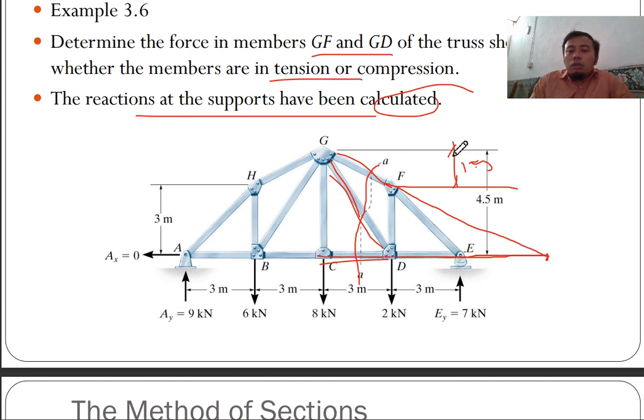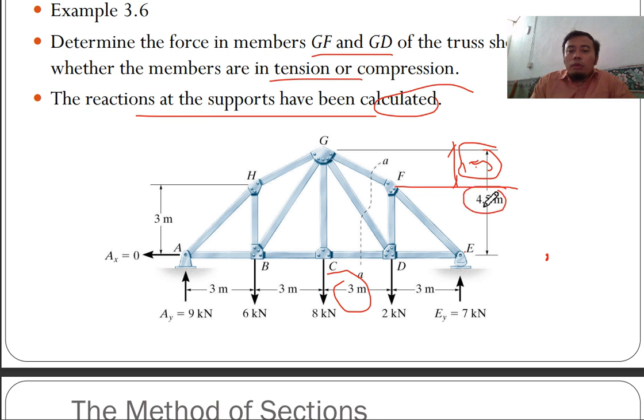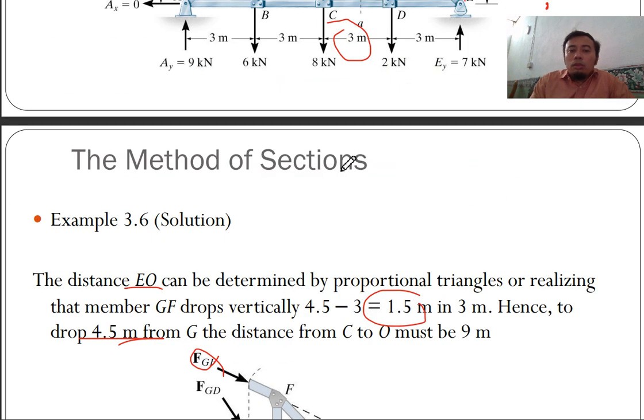So the drop is proportionate, by 3 meter to 1.5 meter. So if you want to drop 4.5 meter, your 3 meter must be 9 meter.